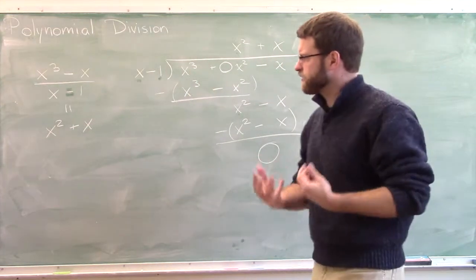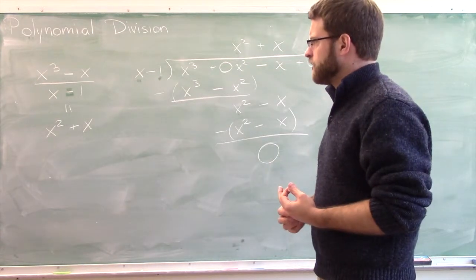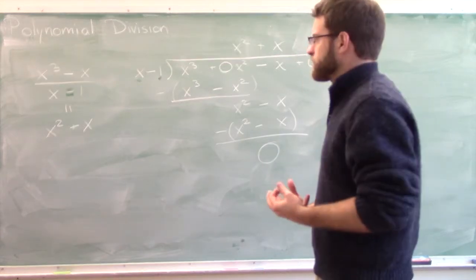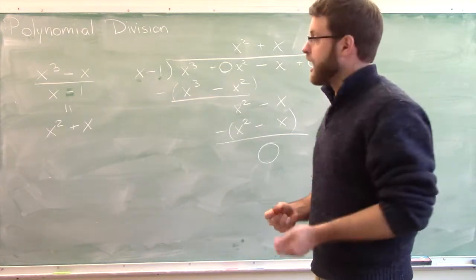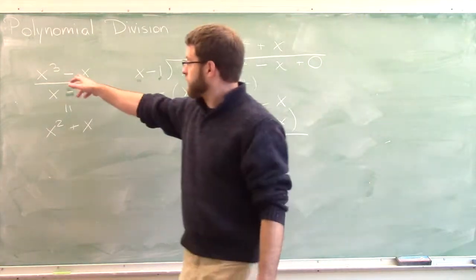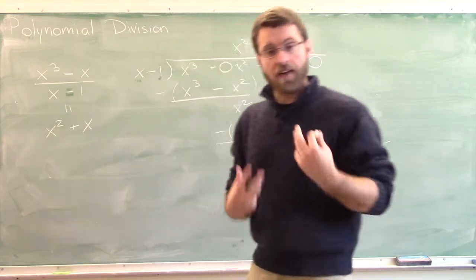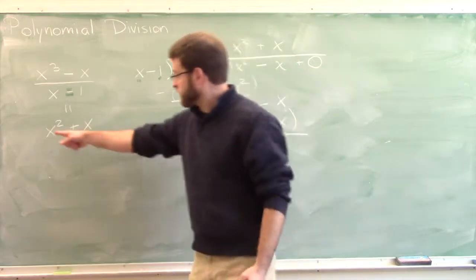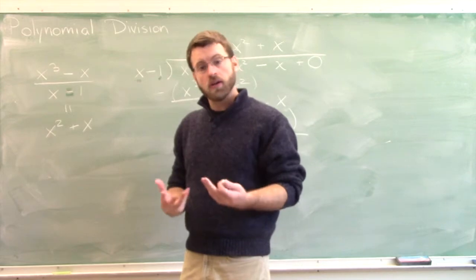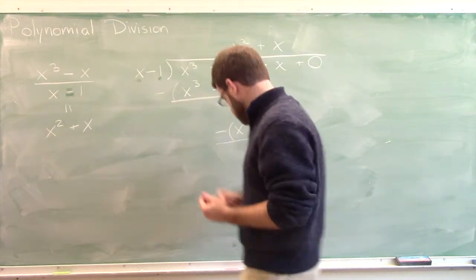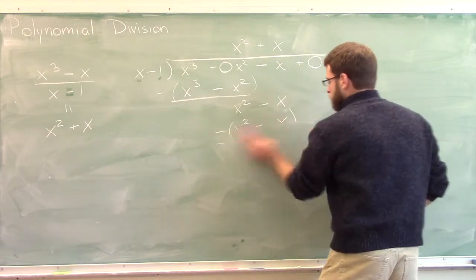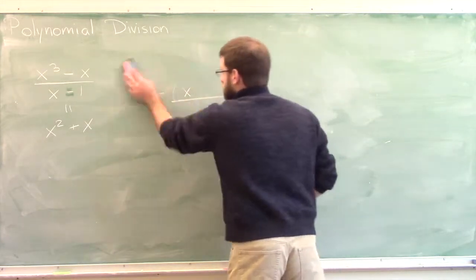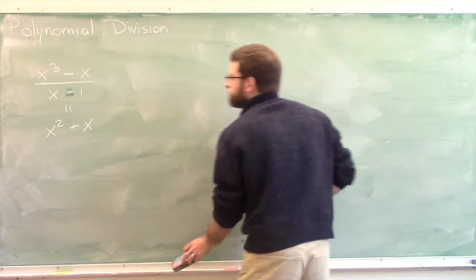And now, to give you some idea of why that's what's left over, we can look at what happens if we try to factor the numerator. By factoring the numerator, we'll be able to find that this expression comes out in a slightly different way. So let's just look at this expression in another way without using polynomial division and see that the result comes out the same.